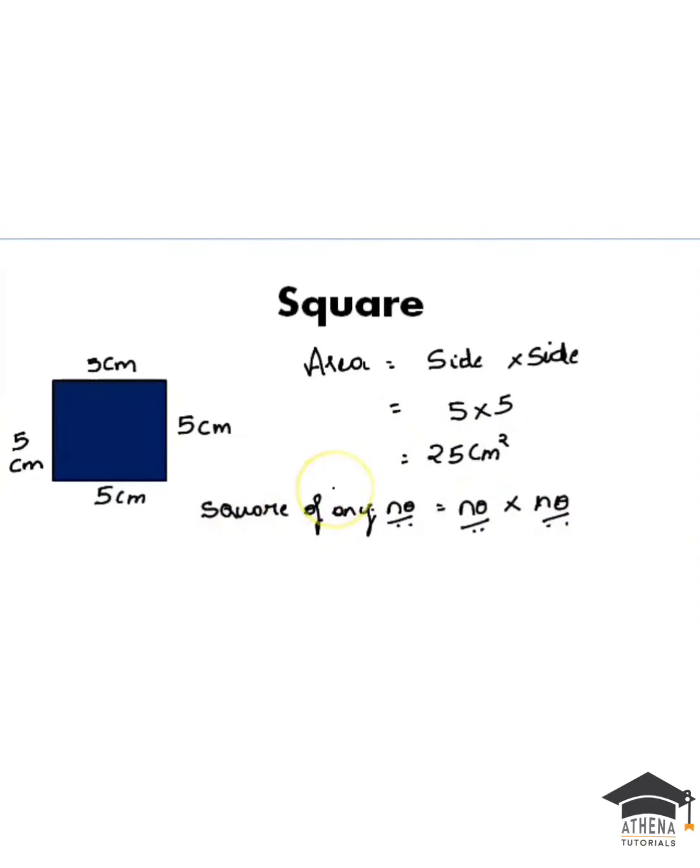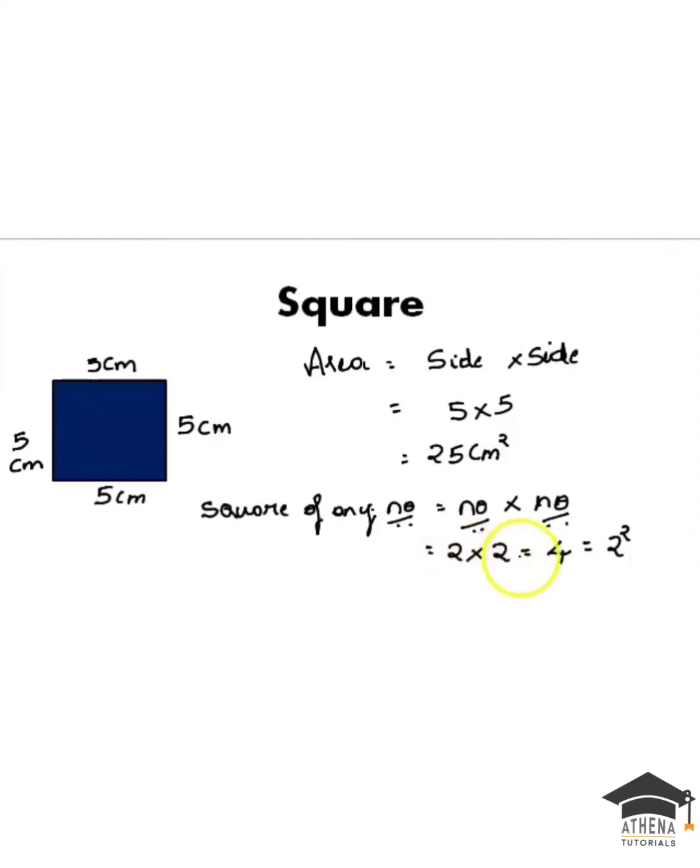Let's take an example. Square of 2 is equal to 2 into 2. Number multiplied by itself, by the same number 2 itself, we will get the answer as 4, which can also be written as 2 square. This is the square of the number.